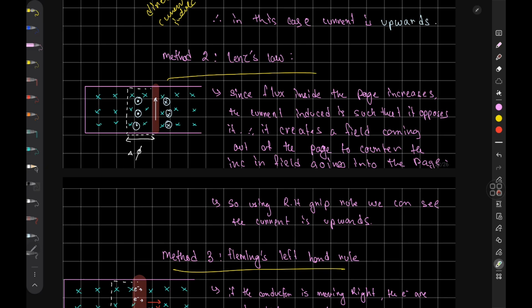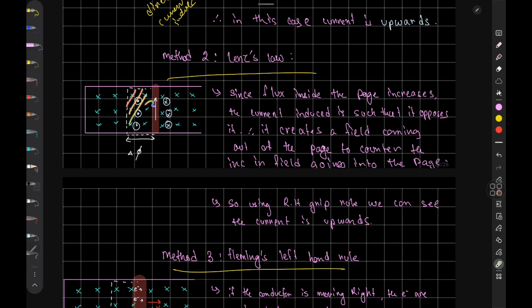I'll reiterate that. When passing the conductor through this area, what kind of magnetic field did it cut through? Was it inward to the page or outward from the page? It was inward through the page.